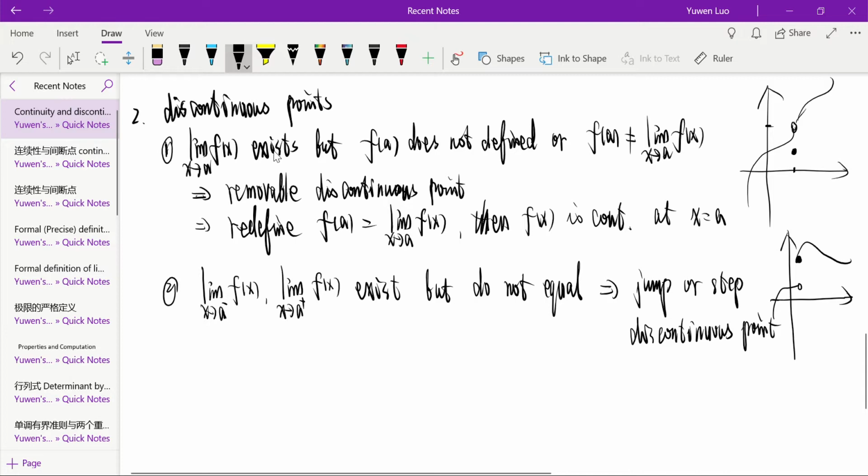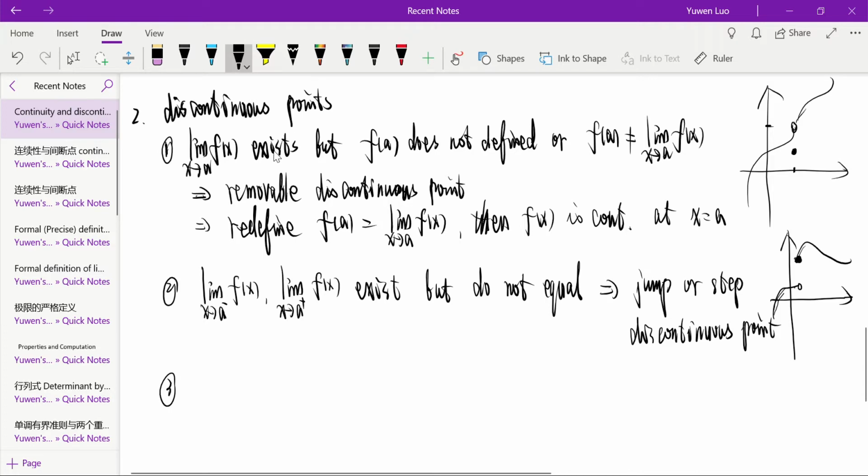The right limit and left limit both exist, but are not equal. So there is a gap between these two limits. So it's like a jump from the left to the right.